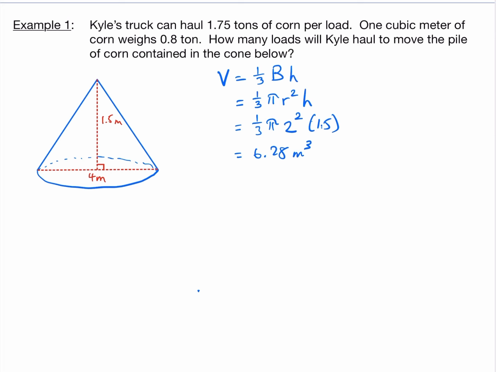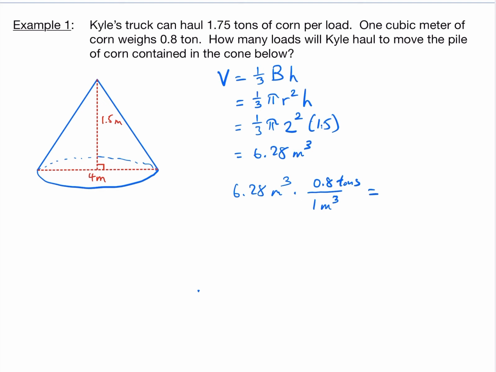So 6.28 cubic meters is what we've calculated for the volume of corn, and we're told that 1 cubic meter is the equivalent of 0.8 tons.